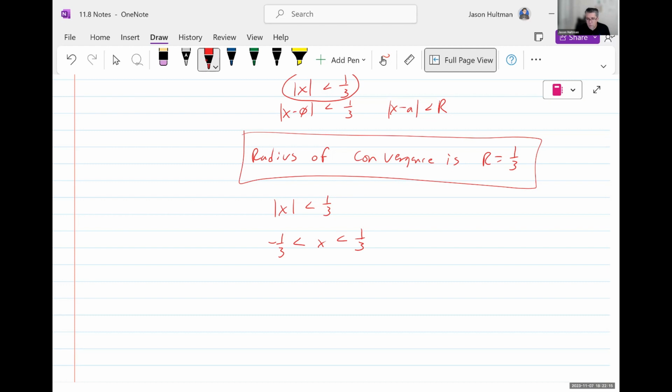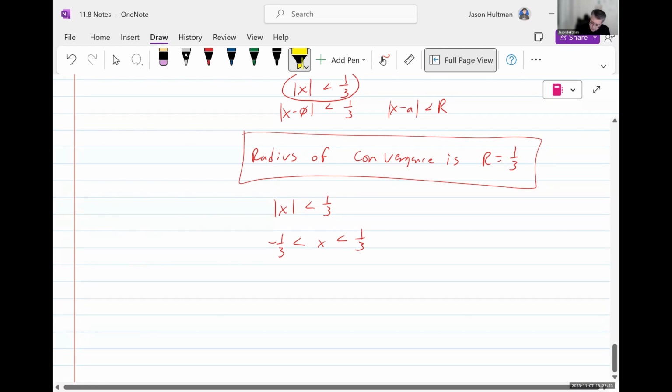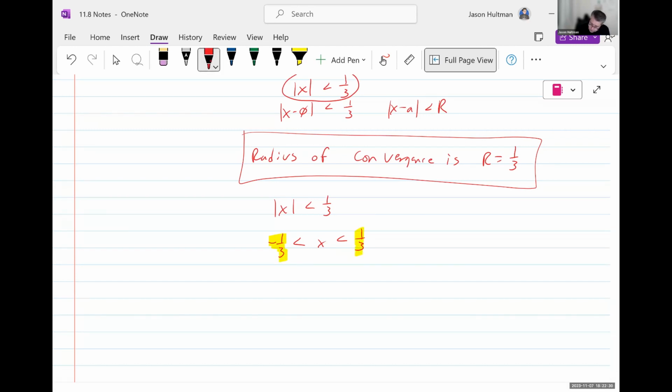But what's in question are the endpoints. That's what's in question: the values negative 1/3 and 1/3. We want to know if it converges. If we look at the number line, negative 1/3, the center is at 0, and then we have 1/3.